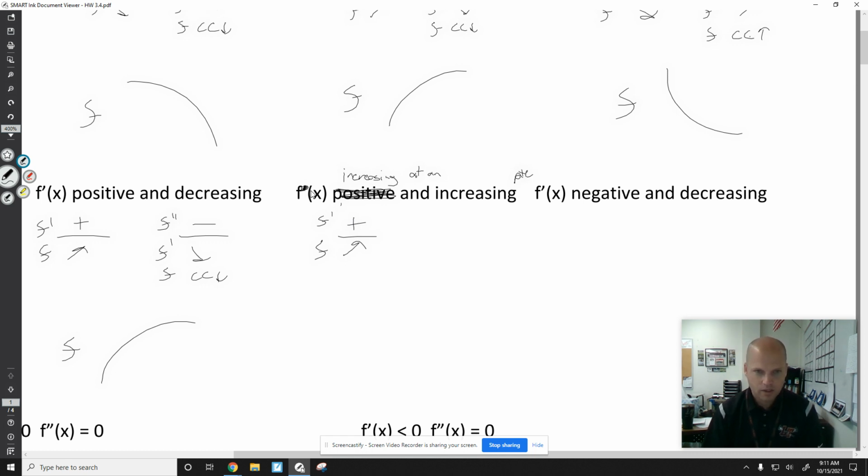If f is increasing at an increasing rate, that means the rate at which we're increasing is increasing, or f prime is increasing. If f prime is increasing, f double prime is positive, f is concave up. Sorry, I said concave down at first. Going up, concave up.